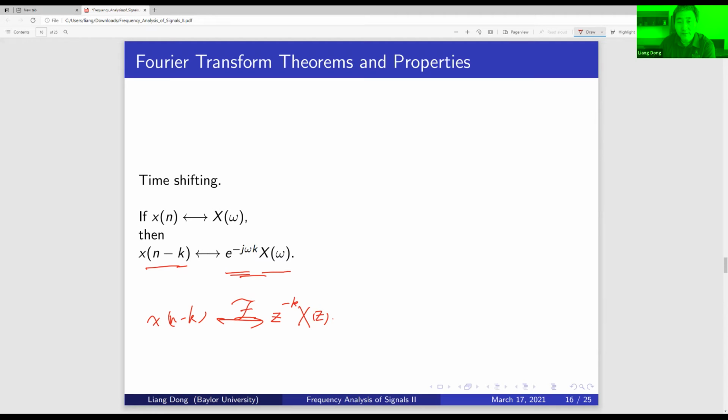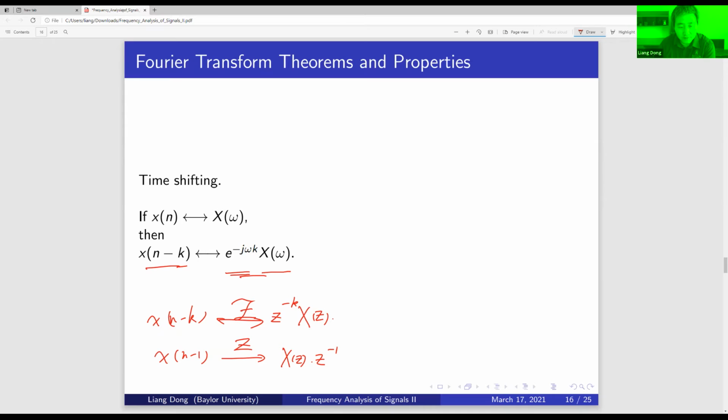This is how much we delayed. If, let's say, x[n minus 1] with 1 delay unit, and then do a Z transform, we have here X(z) times z to the power negative 1, right? This is what we said. We have a delay unit, so we put a box that's z to the power negative 1. So in general, that's a time shifting property of Z transform.